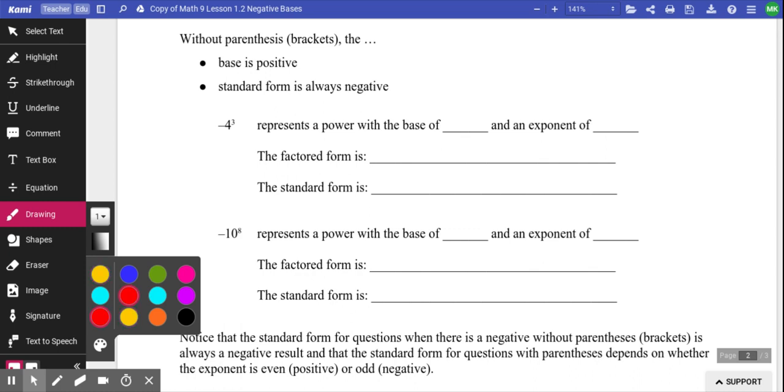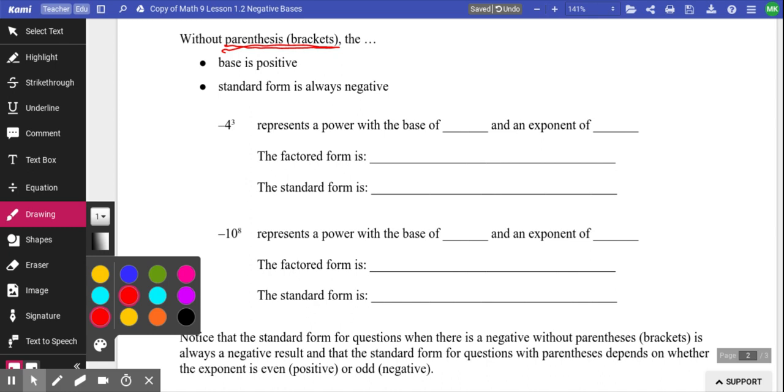Parentheses just means brackets. The brackets, when it comes to exponents, are very important. The brackets are telling you what the base is. If there are no brackets, then you assume that anything outside of the very first number next to the exponent is not a part of the base.